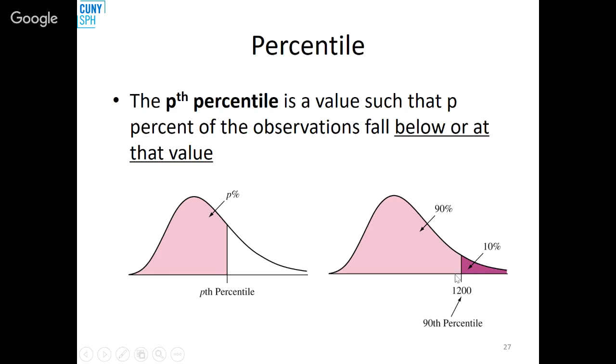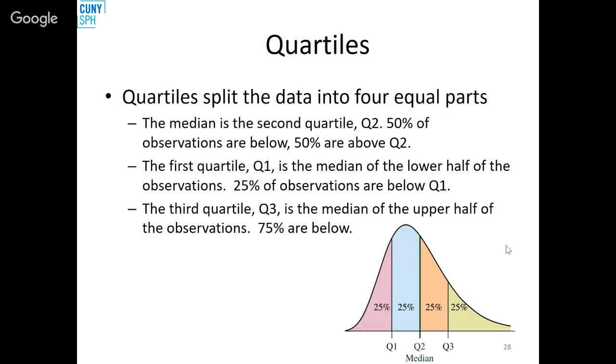So if it's the 90th percentile, 90% of the observations are below and 10% are above. Quartiles are these special percentiles that split the data into 4 equal components, with 25% of the observations in each quartile.